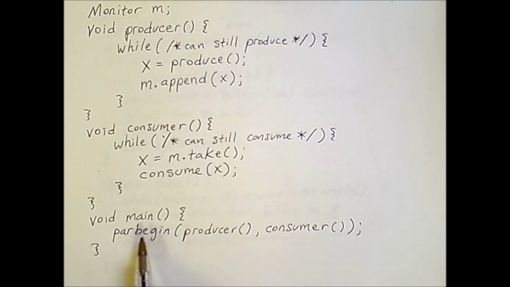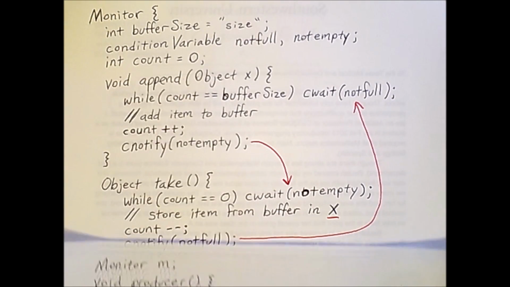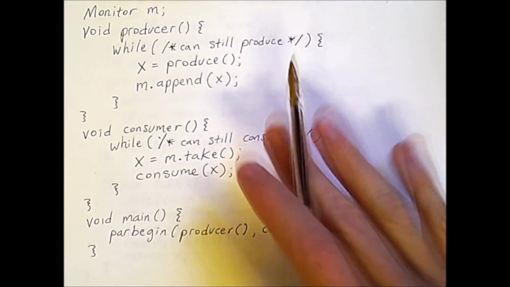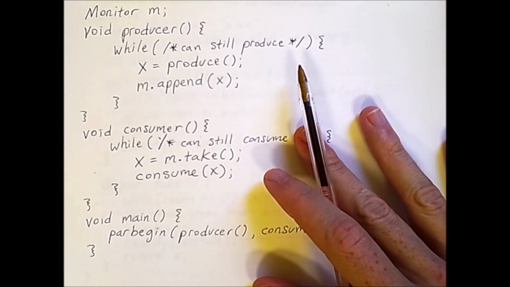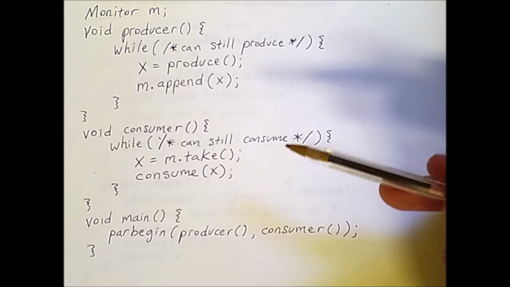And then the main function is the same. We do a parallel launch of a producer and a consumer, but as I said before, there could be multiple producers and multiple consumers, and that wouldn't cause any problems. So although overall this code in combination is a bit longer, the actual main body code here is far simpler because of the abstraction of having a monitor.